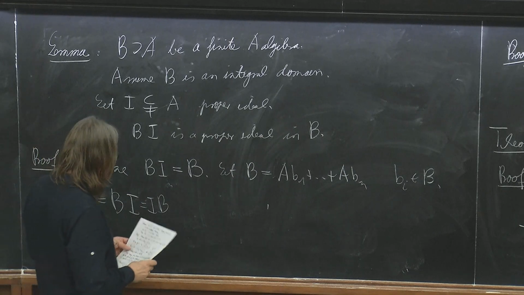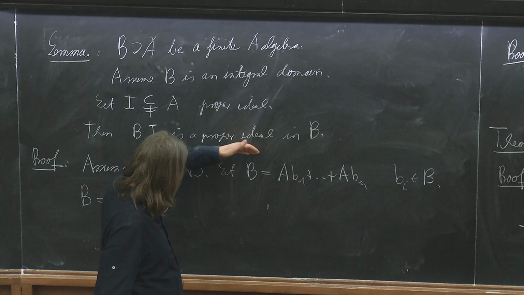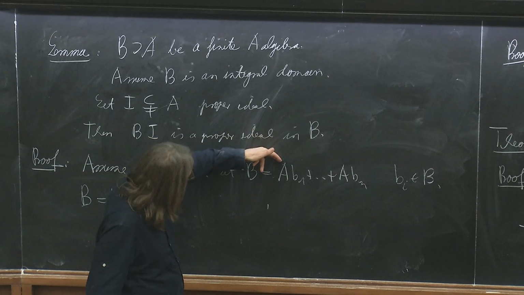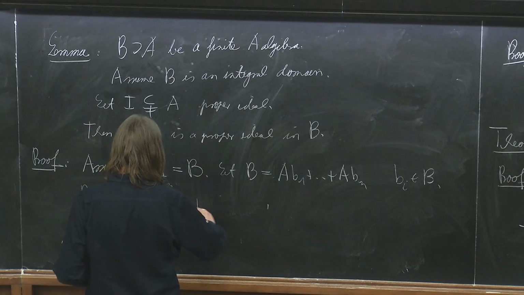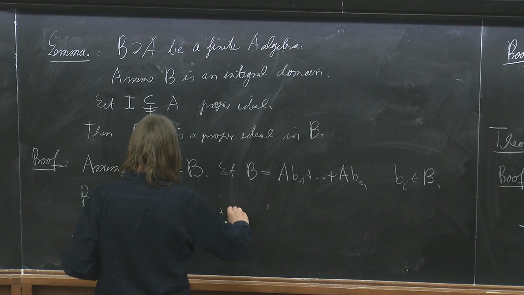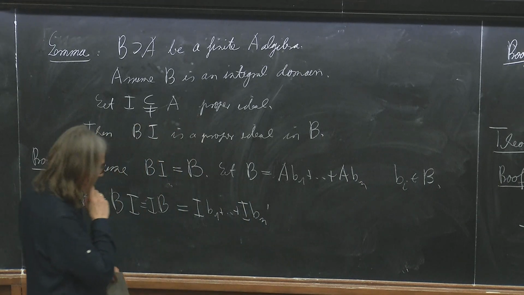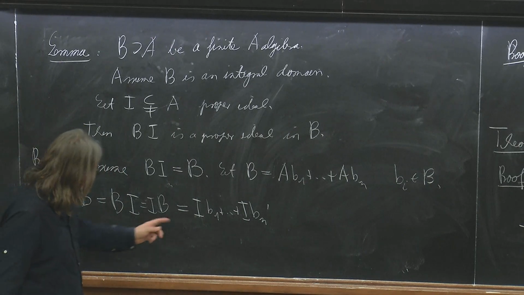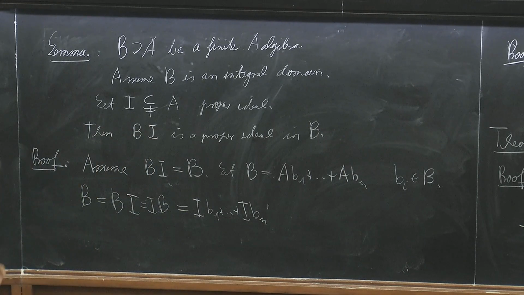And so we can multiply every element in B with an element in I, and so the element in A becomes an element in I in each of these cases. So this I can write as I B1 plus ... plus I Bn. So every element in B can be written as a linear combination of these bi's with coefficients in the ideal I.